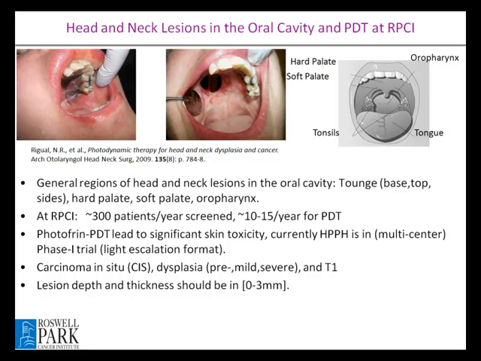This is one of the big advantages of HPPH. The lesions we are looking at are anything like carcinoma in situ, dysplasia. It can be any grade, and T1, but the point is the thickness or depth needs to be superficial, within 3 millimeters.